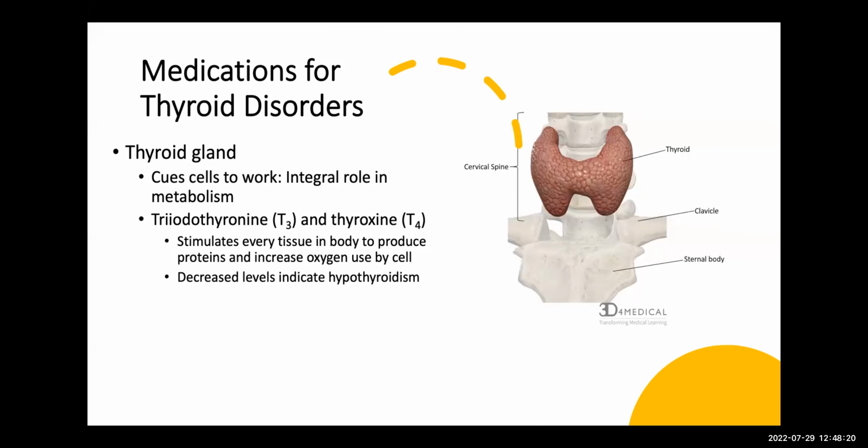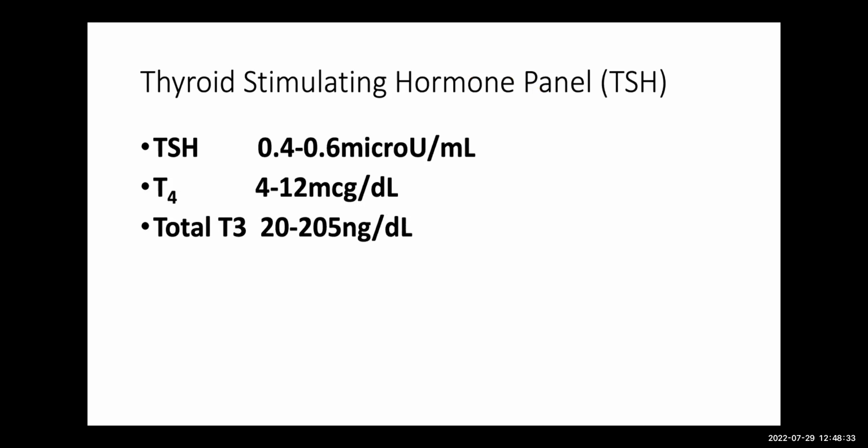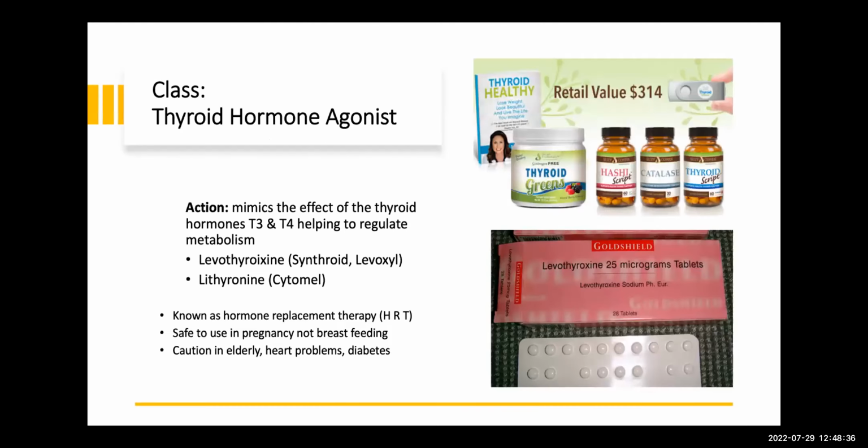Okay, so it should be back onto this. So when your lab levels are low, it's actually going to indicate that there is some hypothyroidism. So when we start looking at the medication that treats hypothyroidism, it's referred to in your book as a thyroid hormone agonist.